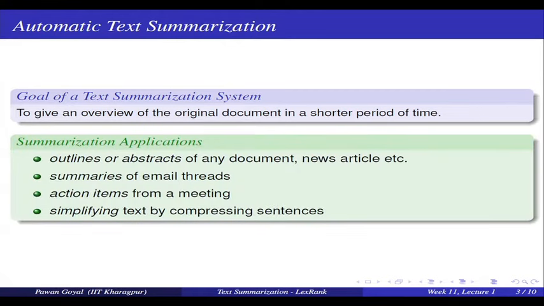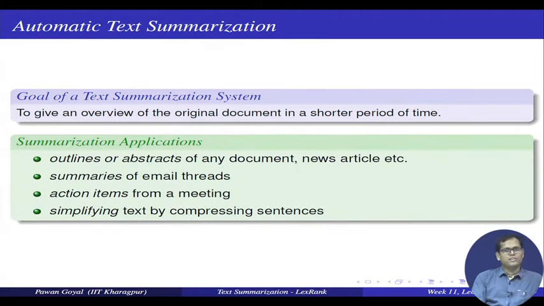We can see this definition with these different applications of summarization. For example, suppose you want to read a certain research article or news article. It would be good if somebody can present a short summary of that article, and then you can make up your mind whether you want to read the whole article or not.